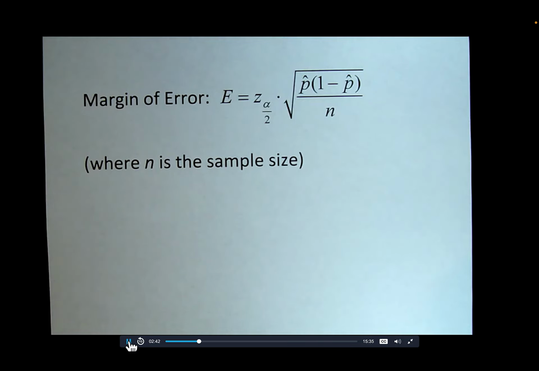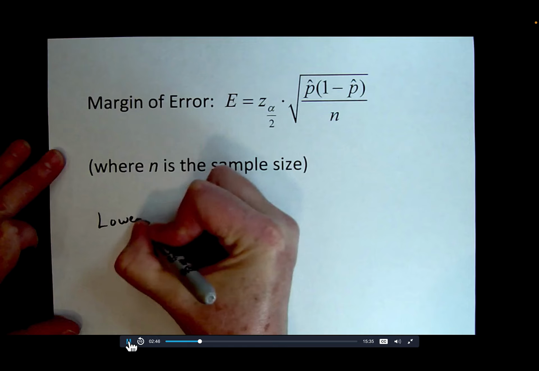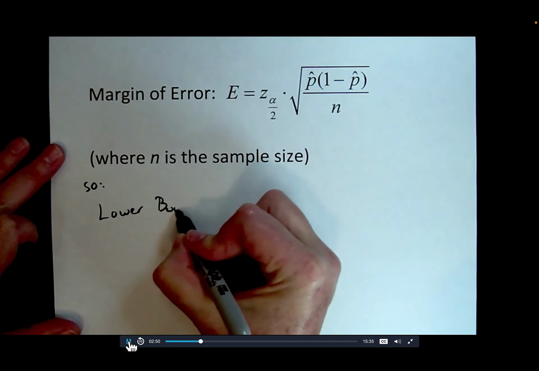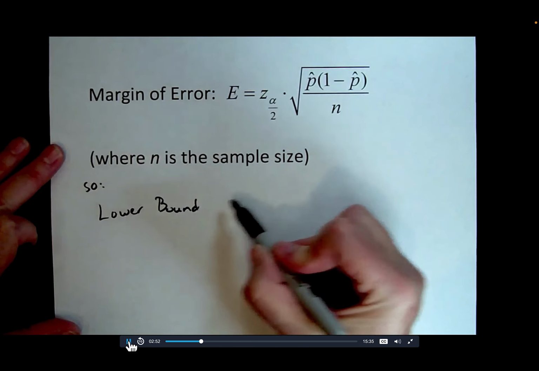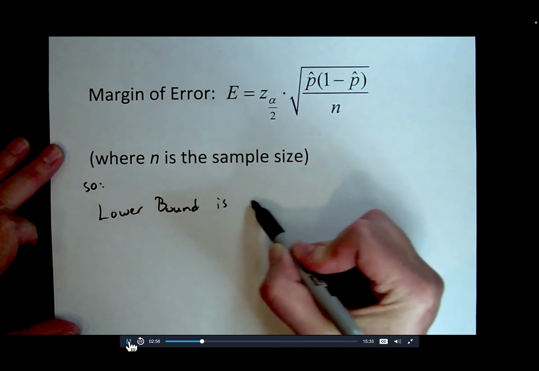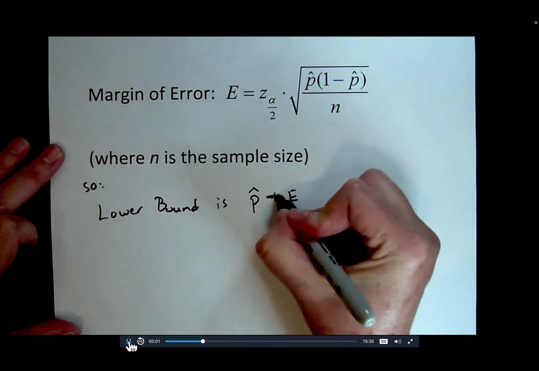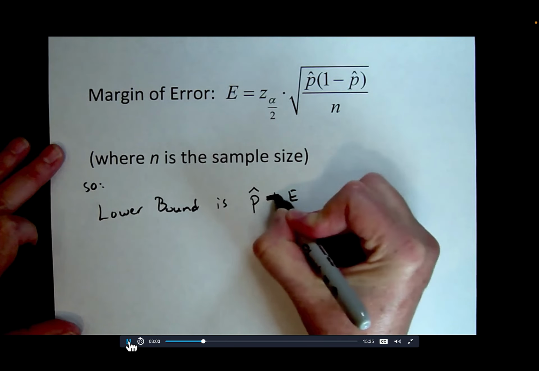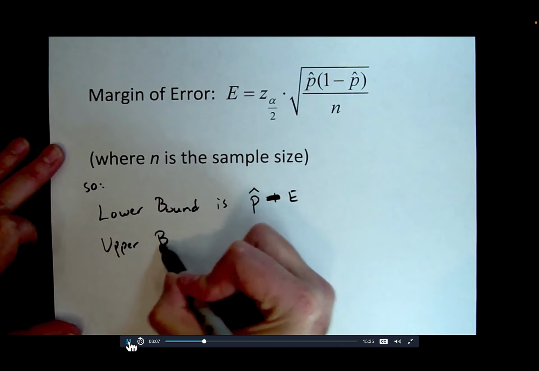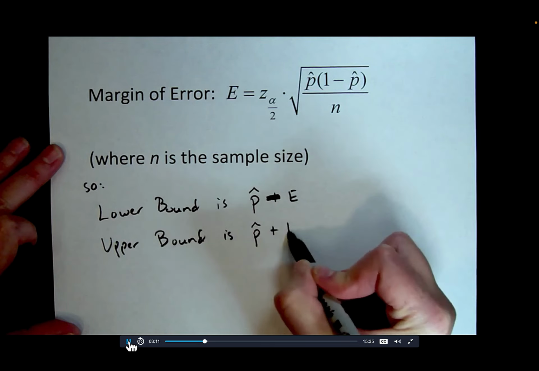So another way to look at this, and you want to know this principle: the lower bound is the point estimate minus the margin of error, and the upper bound is the point estimate plus the margin of error.